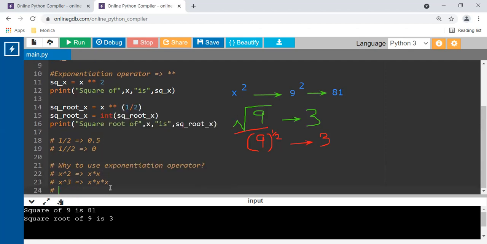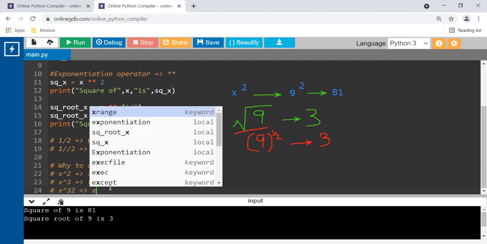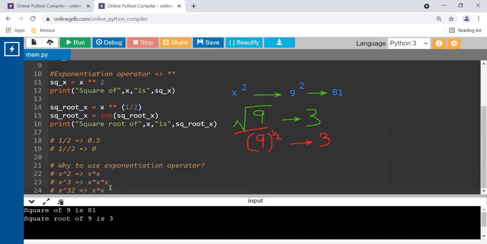Now, on a similar note, if your program or code needs to find x raised to 32, you can understand how tedious it will be to multiply x 32 times. You just keep on writing, and there is a possibility of some manual error while writing x multiplied by x and so on.